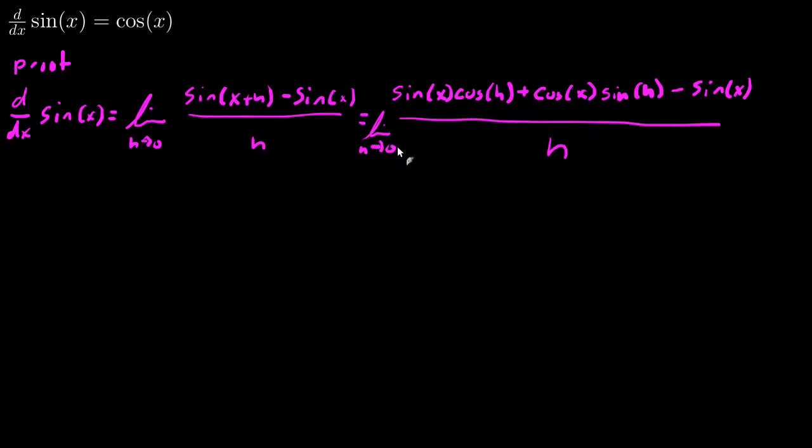And now I can actually do some grouping. So when I look at this, all I really see is the fact that I have a sine of x here and a sine of x there.